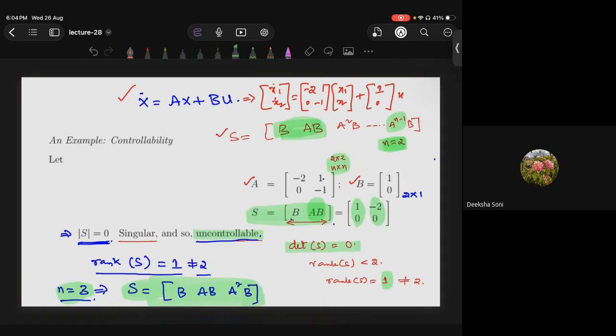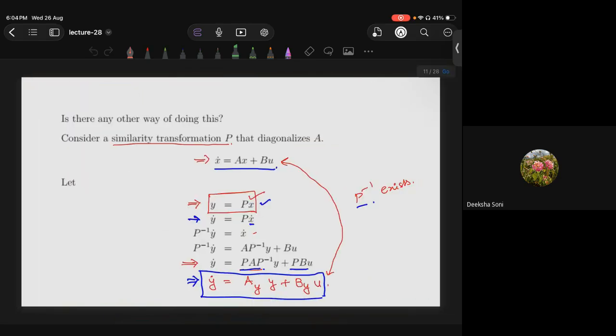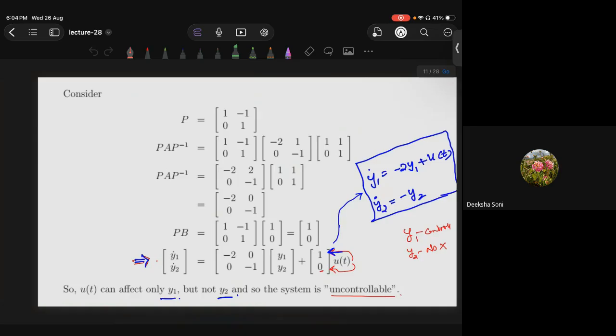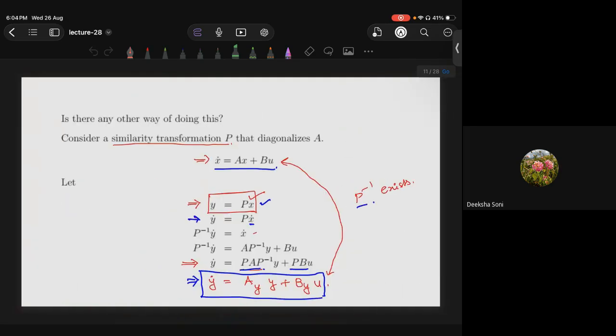So basically here we are talking about controllable, not controllable. What is the meaning of this? Can we check the same thing in another way? Other way in the sense, not by using the S matrix built from A and B. Instead, we can also do the same thing by using the similarity transformation.